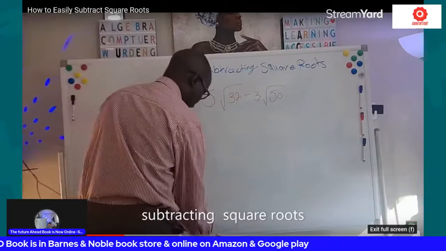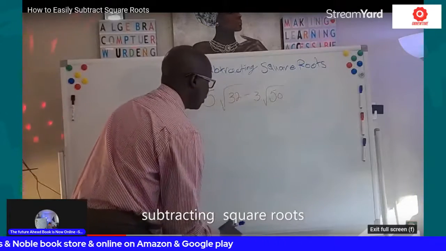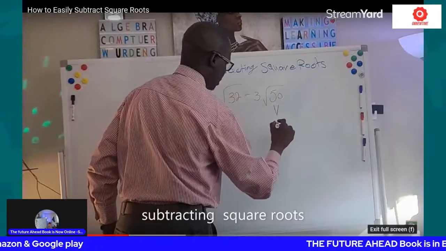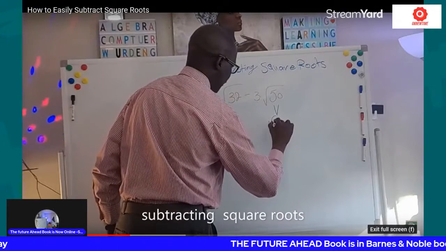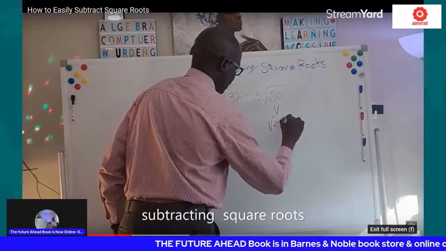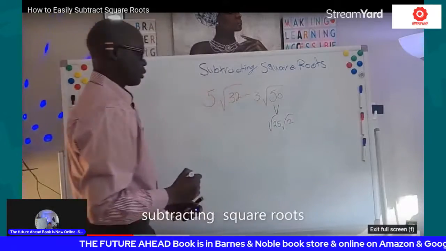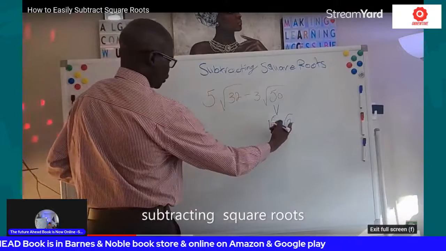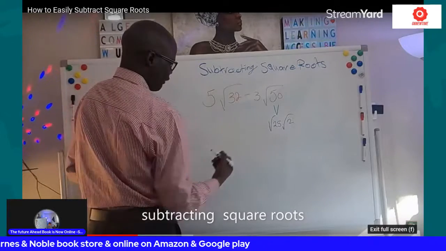As you see here, the square root of 50 is 25 times 2, because 2 times 25 is 50.